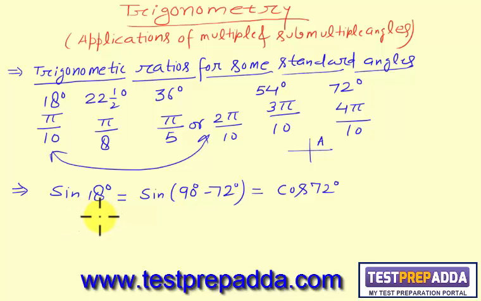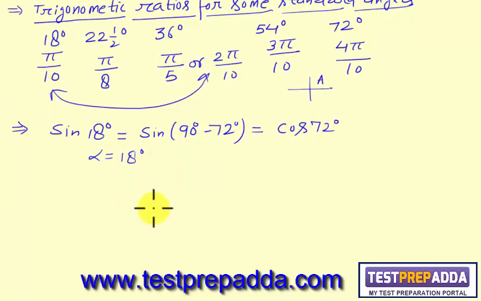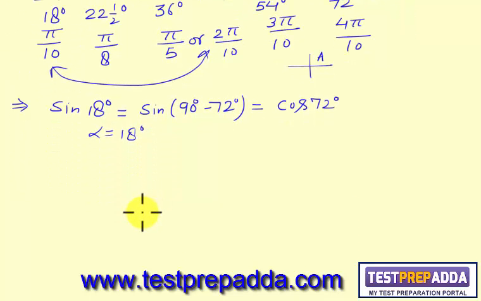If I write alpha as 18 degree, then 5 alpha will be 18 into 5, and that is 90 degree. 5 alpha is 90 degree.